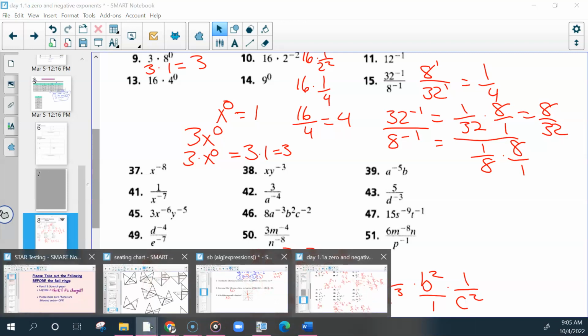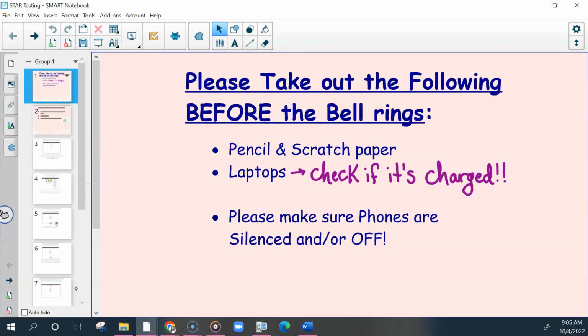So at this time, go ahead and get out your laptop. You can't use a calculator on it because they'll have a calculator for harder questions, so you can either move it off to the side or put it back. If you need to move somewhere where you can reach an outlet, you can do that.